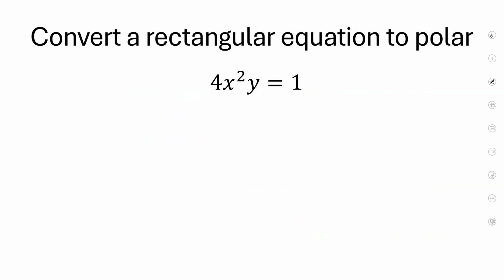Okay, here's the next one. We're going to convert this to polar. So for x, I'll put r cosine theta. It's still squared. And for y, I'll put r sine theta.